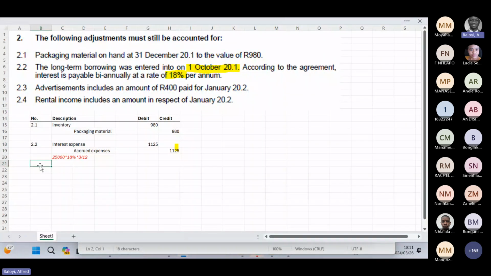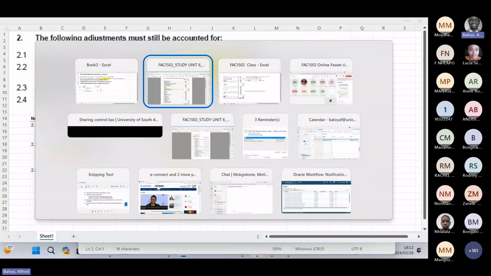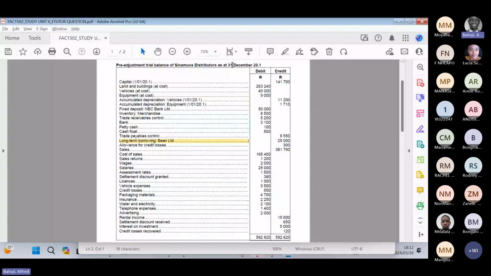And then 2.3 says advertisements include an amount of 400 paid for January 20.3. Again, you have to understand that your period ends on 31 December 20.1.